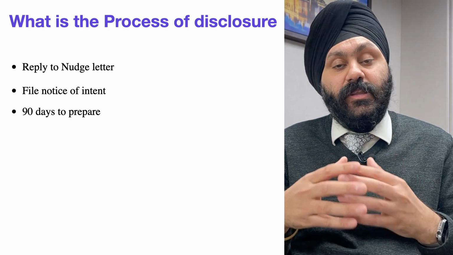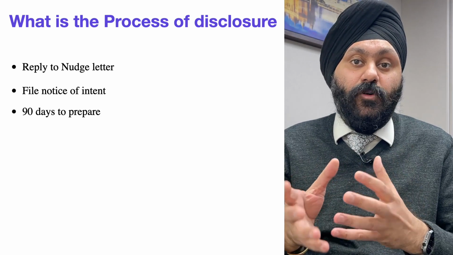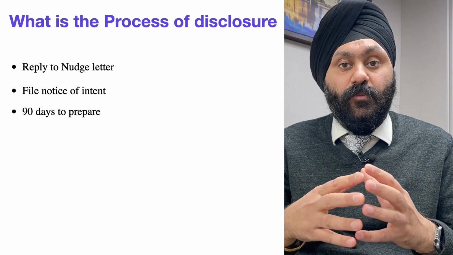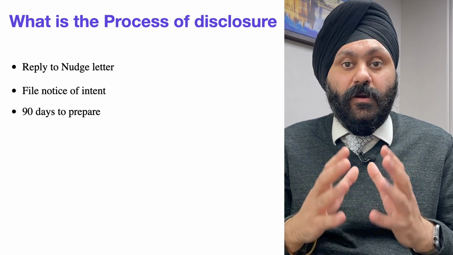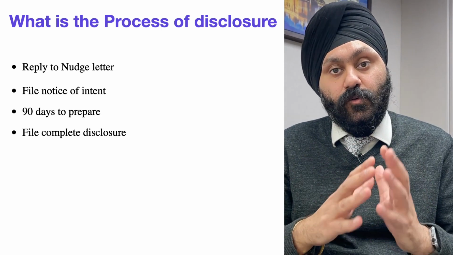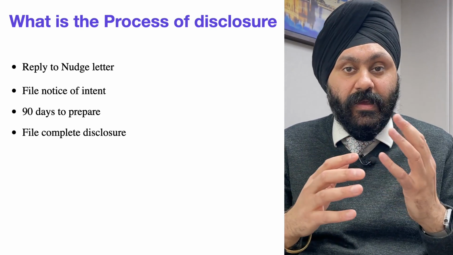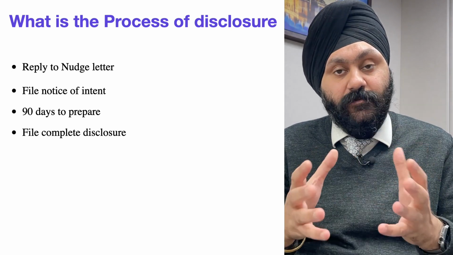Then you have to calculate the interest on the tax, and also the penalty you have to apply. You have to prepare everything and complete it into a disclosure form, including all your calculations and how you have arrived at rental profits.